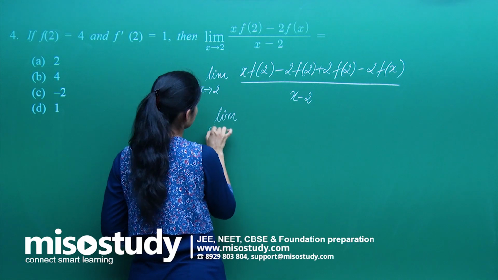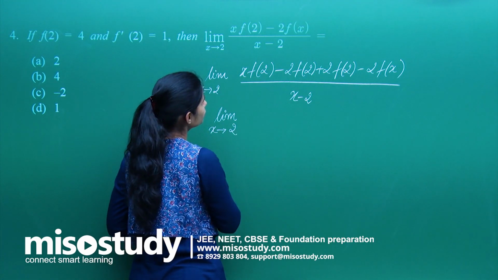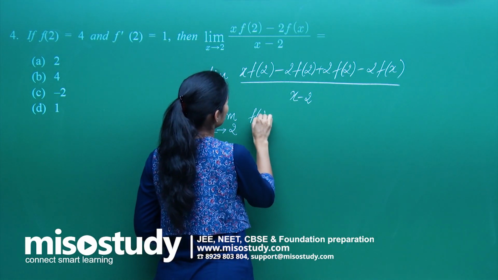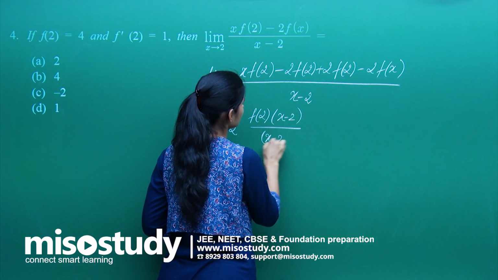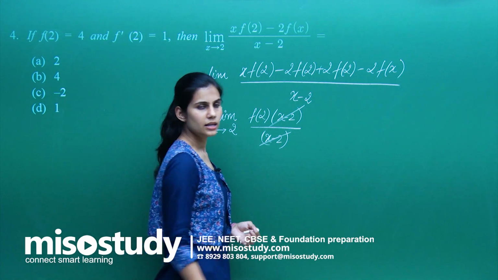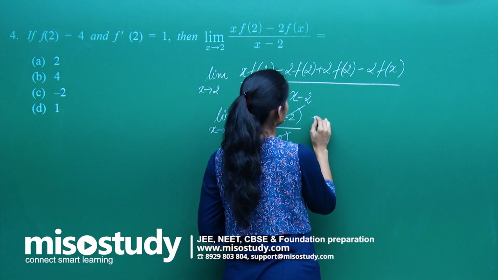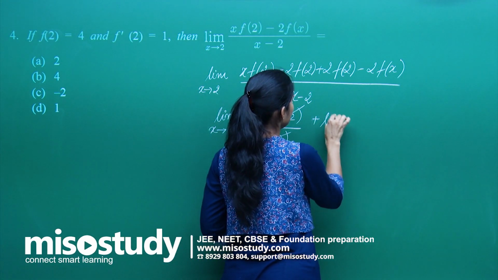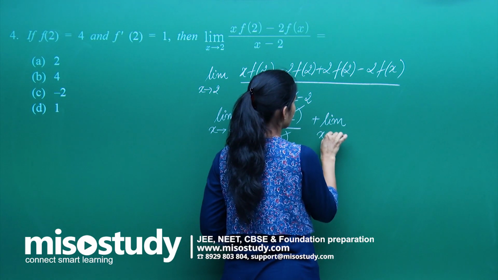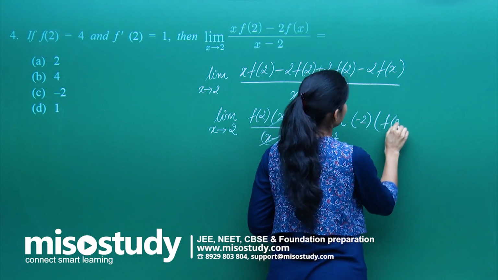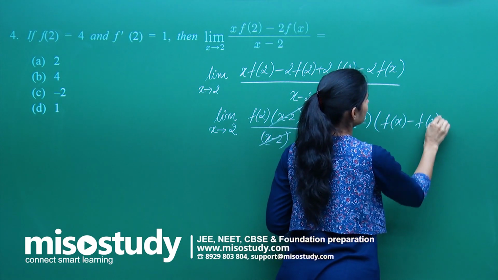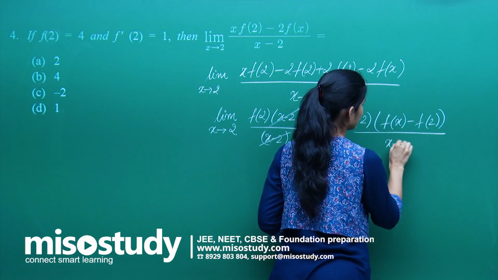You can take out f of 2 common from here. You're left with (x minus 2) upon (x minus 2), plus the limit as x approaches 2 of minus 2 times (f(x) minus f of 2) upon (x minus 2).